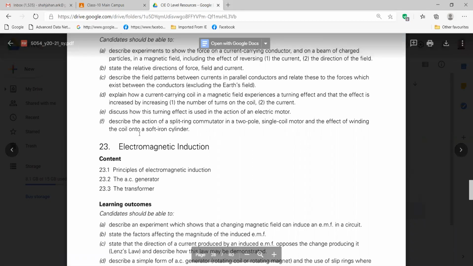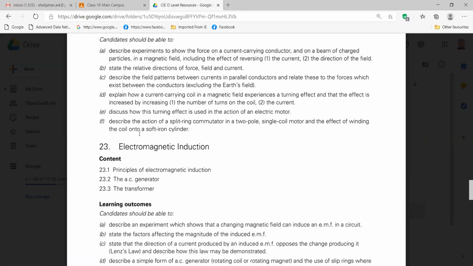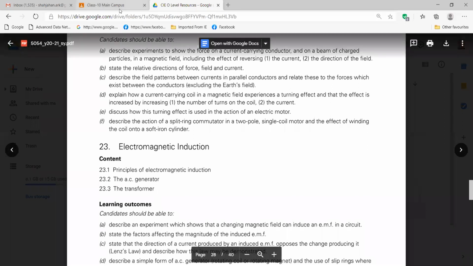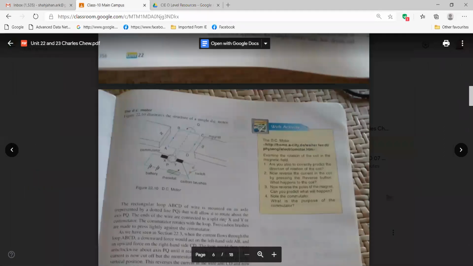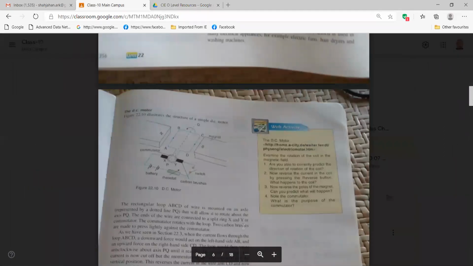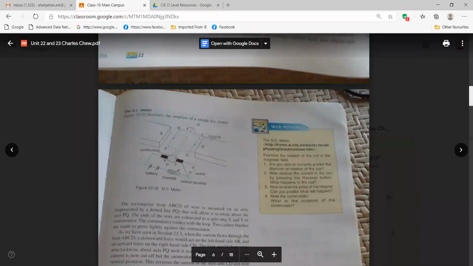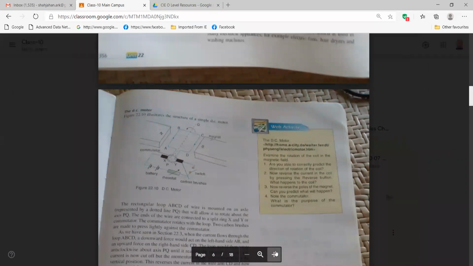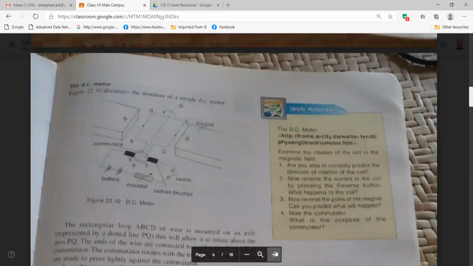Describe the action of a split ring commutator in a two-pole single coil motor and the effect of winding the coil onto a soft iron cylinder. This one we are going to discuss now. Here is the diagram. I want you to draw the diagram. It's very important to draw. Though it will take a few minutes, 4 to 5 minutes, but you draw.